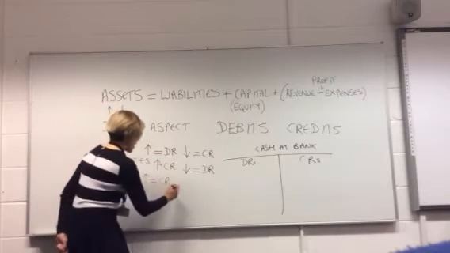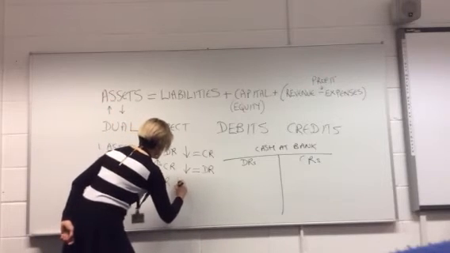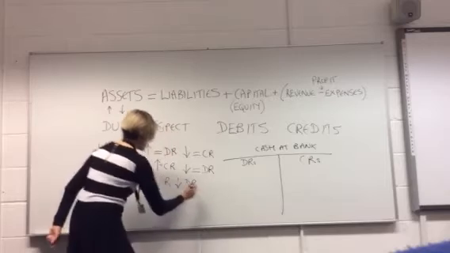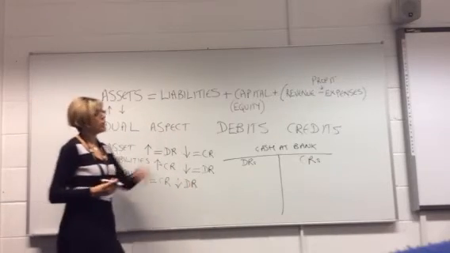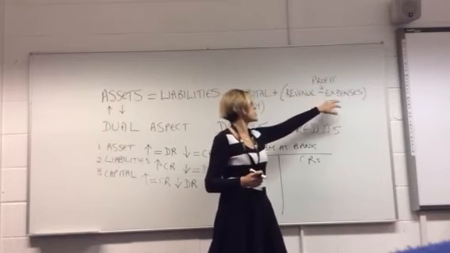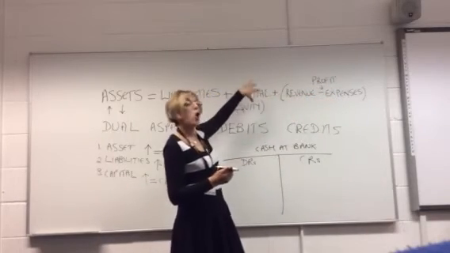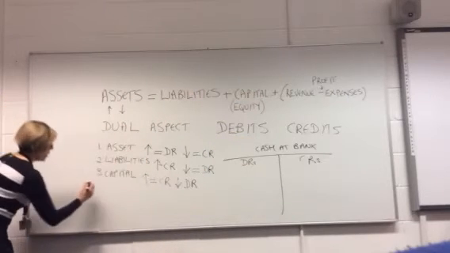And if we've got a fall in the capital, we've got a debit. Typically, capital increases when a business makes profit, because profit, revenue minus expenses, is part of capital, what the business owes to the owners.